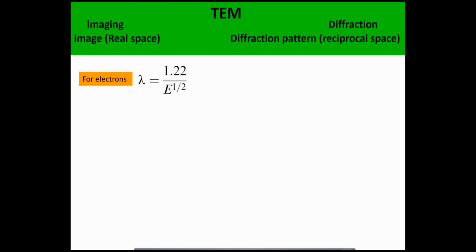The wavelength of electrons accelerated with energy E is roughly given by this formula. As the energy of the accelerated electron is higher, the wavelength will be lower, so we can achieve a lower wavelength and a high resolution.